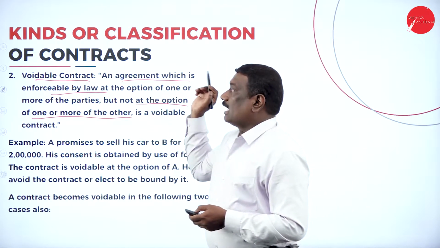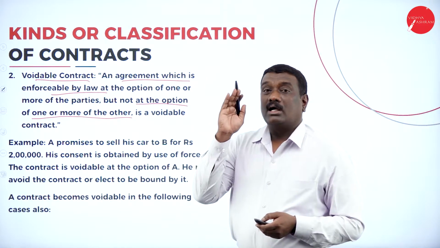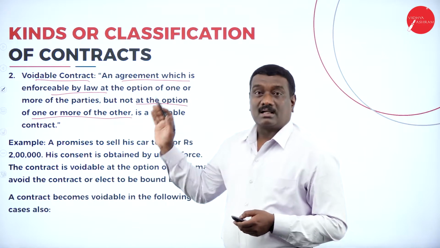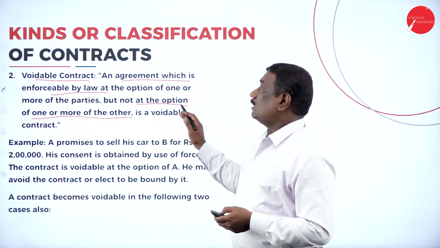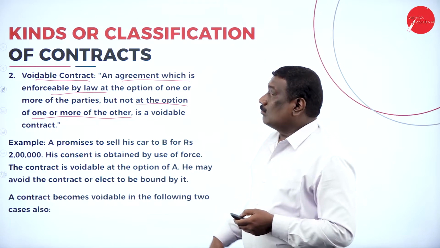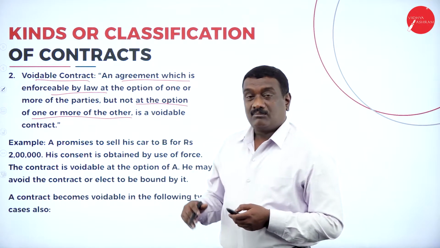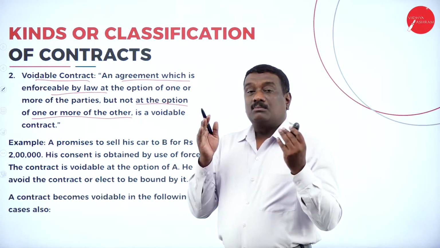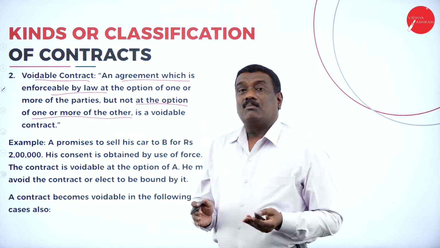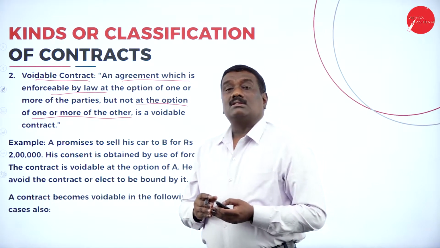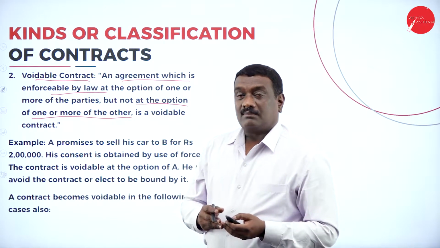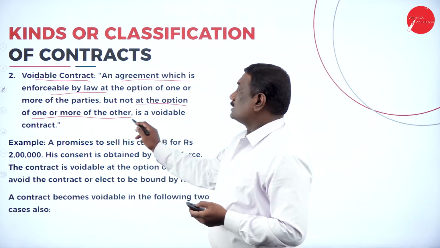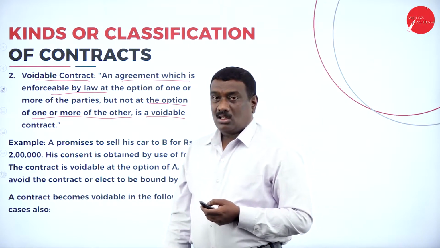It means the other party cannot enforce that particular contract. That means the persons who are agreeing upon something and making a contract, only those persons should be there under this particular contract. Otherwise, it is called a voidable contract.